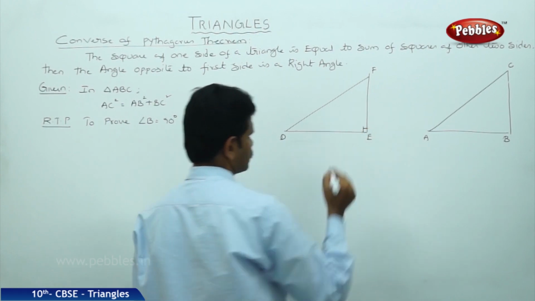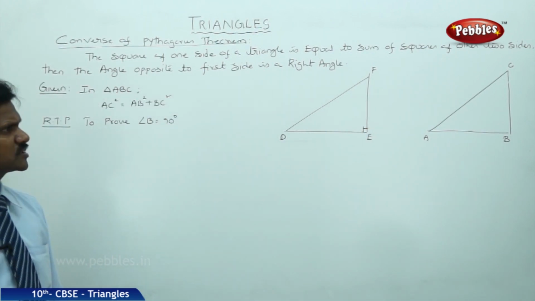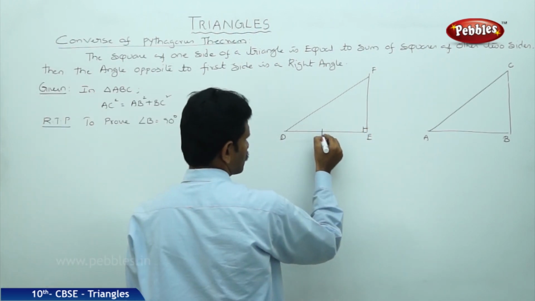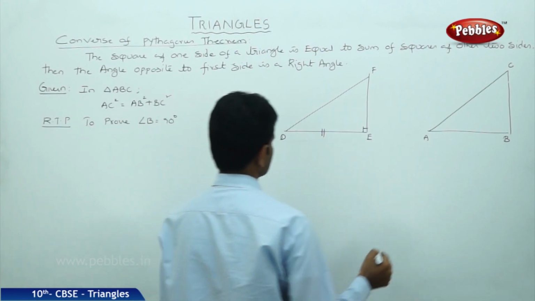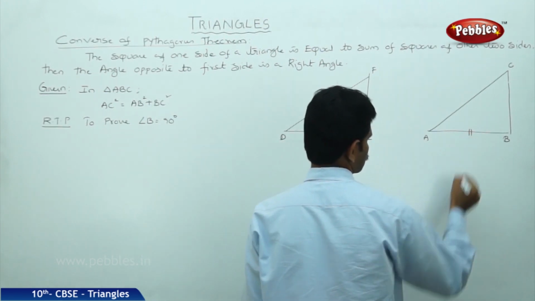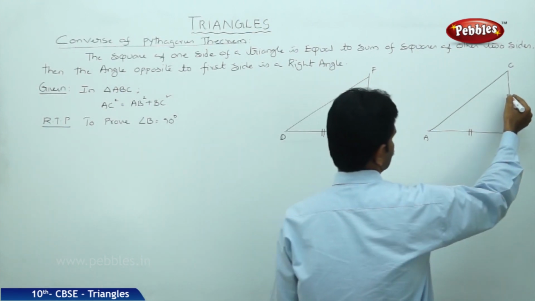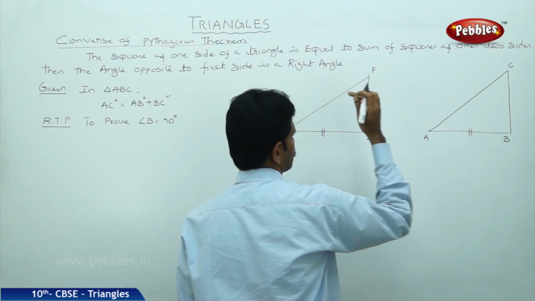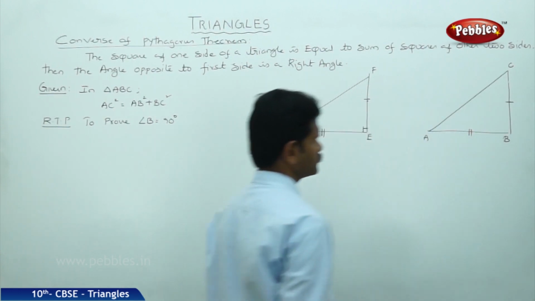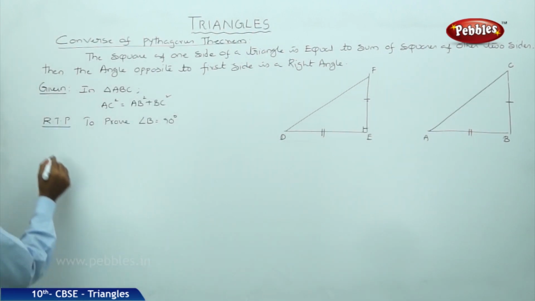Right angle is at E, such that DE is equal to AB and EF is equal to BC. You have to construct a triangle.